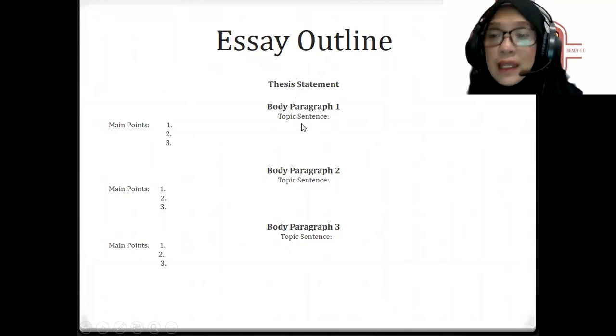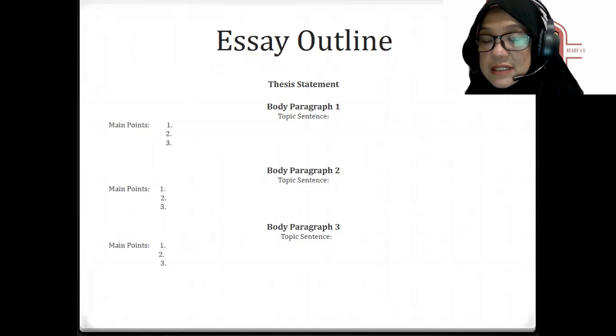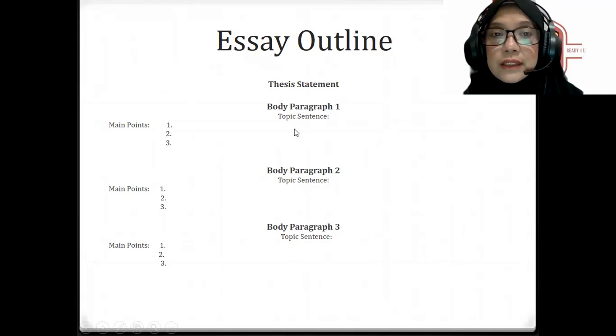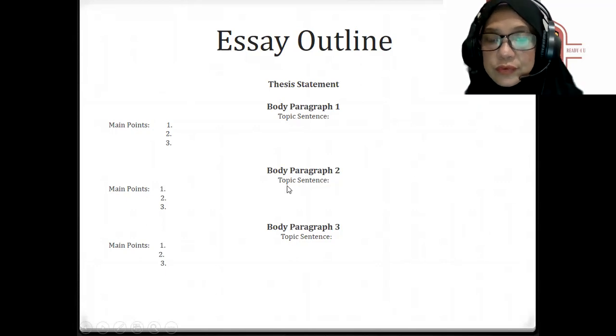Okay, then you elaborate, right? You try to explain the topic sentence, right, by having points. Why do you say that it is the cause of parents for students' violence, right? It is the same for body paragraph 2. Okay.